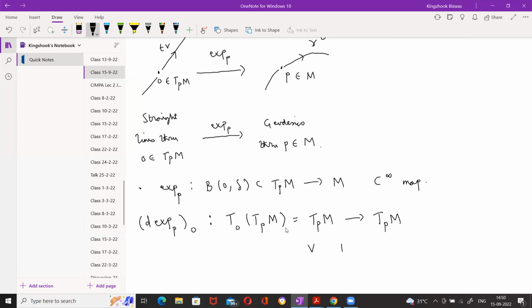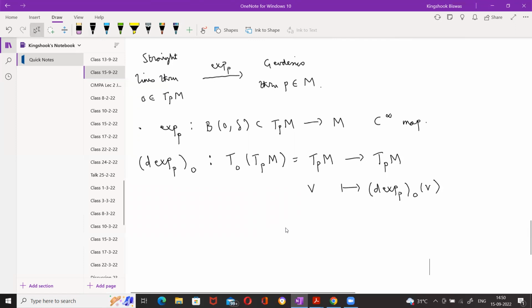It goes to dX_P at 0 of V. By the chain rule, the derivative of the exponential applied to V is the same as d/dt at t equal to 0 of X_P of any curve in T_P M whose derivative at the origin is equal to V. So I can just take a straight line.